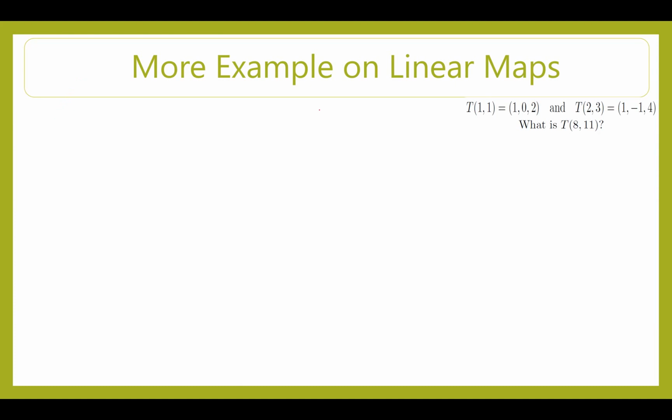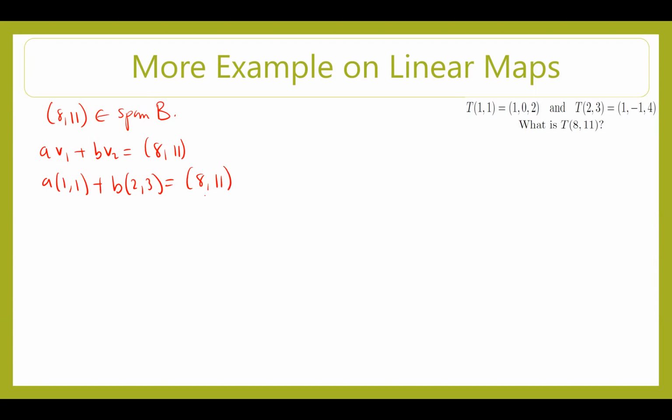Since {V1, V2} is a basis, (8, 11) has to be in the span of B, and so we need to find those constants. Suppose A V1 plus B V2 equals this vector, which is A times (1, 1) plus B times (2, 3) equals (8, 11).